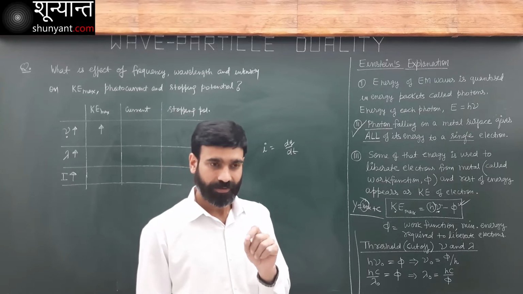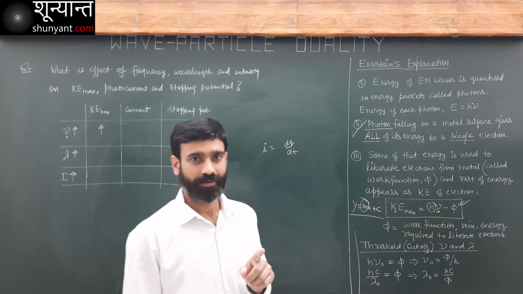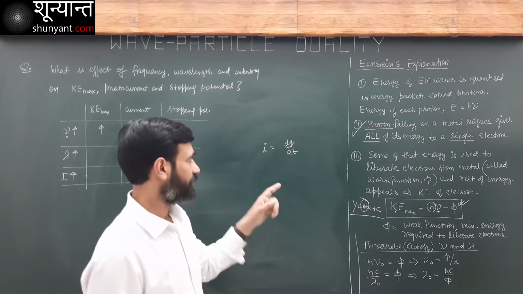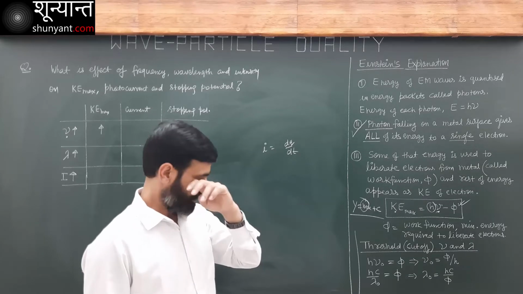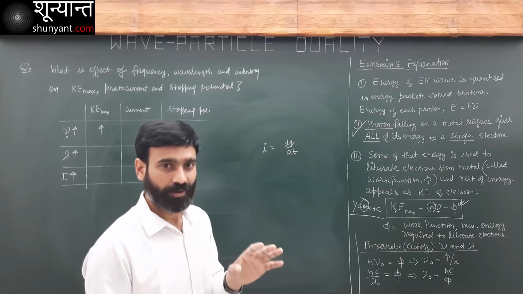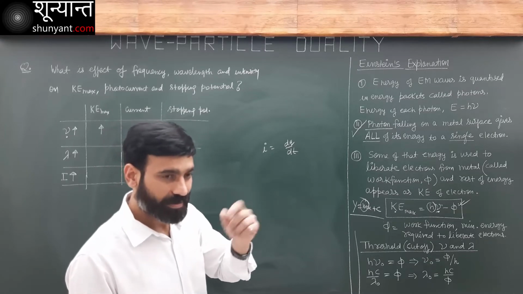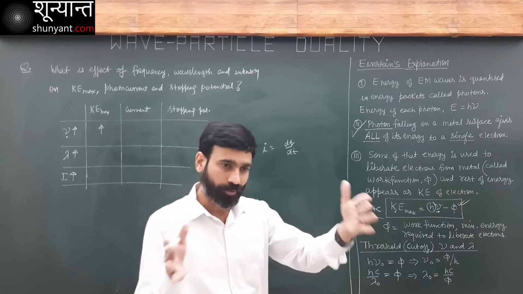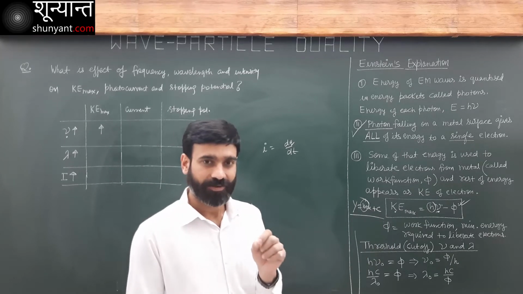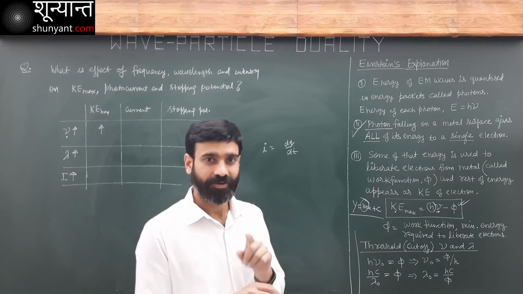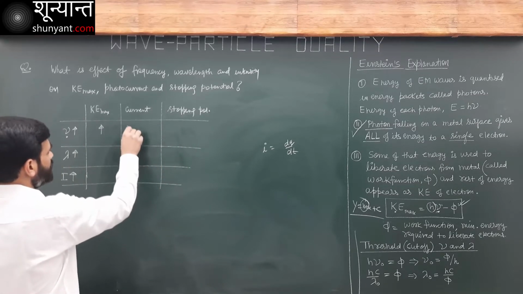If a photon is able to eject, it will eject only one electron. So if the number of photons remains constant and only the frequency changes, that means the energy of each photon changes, but the number of photons remains constant. That means the number of ejected electrons will also be constant. Current will be same. No change.